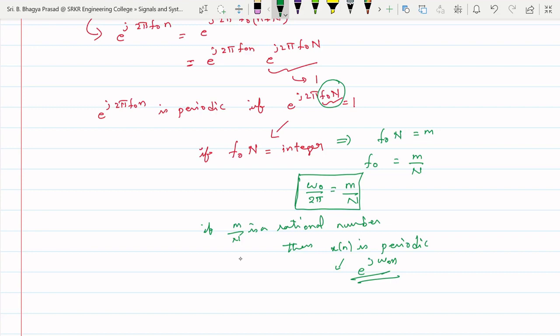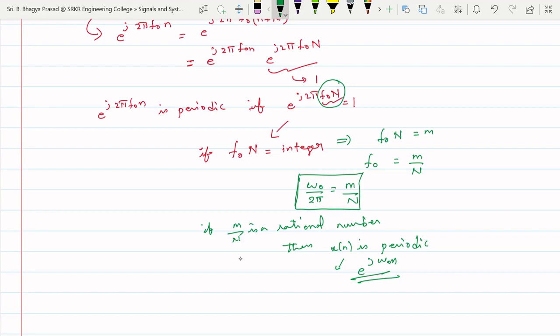That's why we are representing omega naught by 2 pi as equal to m by n. So let us solve some other problems for the calculation of these things.